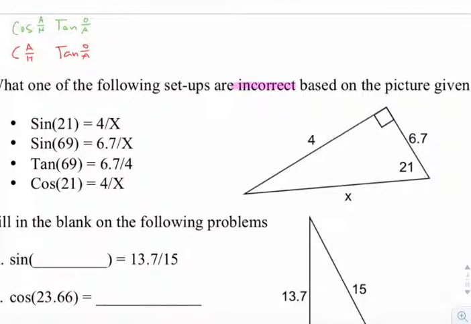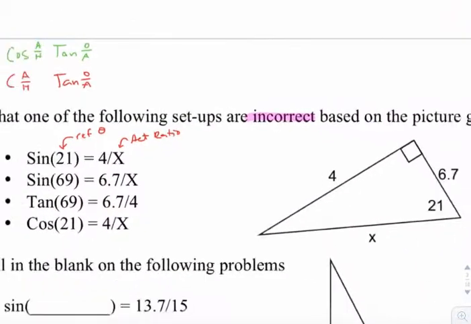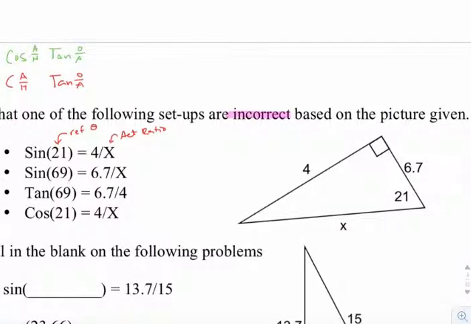The best way to attack this is probably just to go really honestly through one by one and see which ones work and which ones don't. So sine of 21 is equal to 4 over x. Please recall this means that that is going to be our reference angle, and this is going to be our actual ratio in our triangle. So sine of 21 means we're putting our reference angle right here, and sine, of course, is opposite over hypotenuse, and that is actually 4 over x.